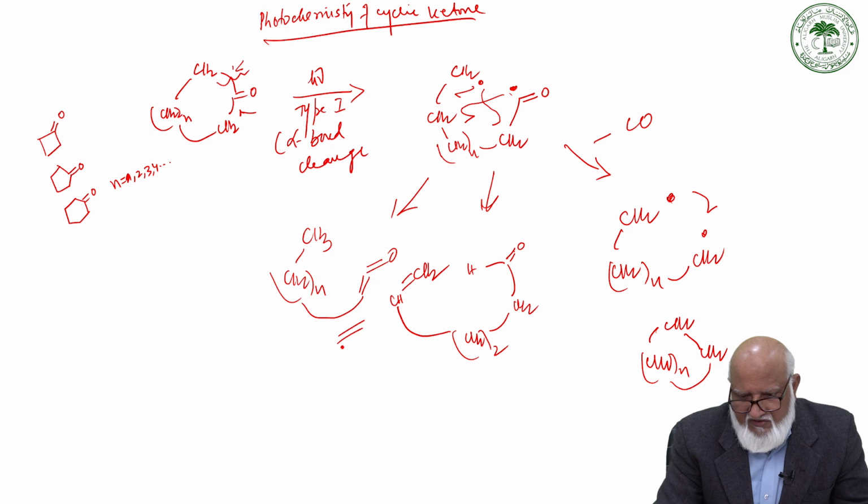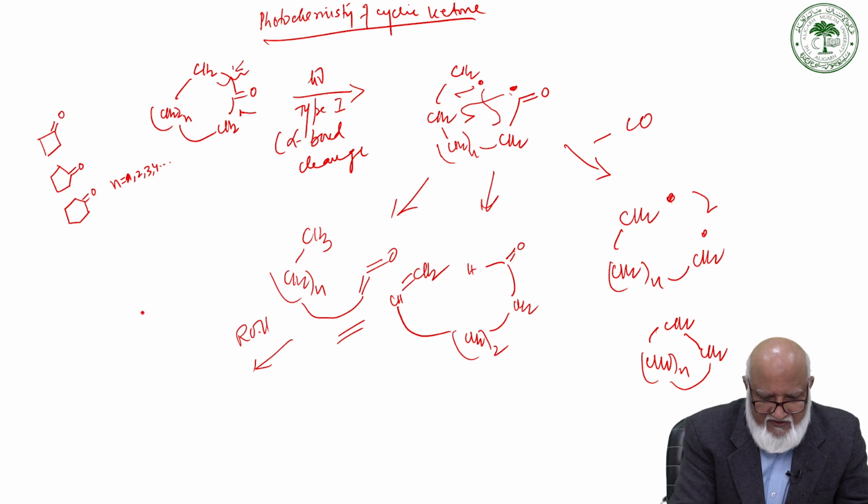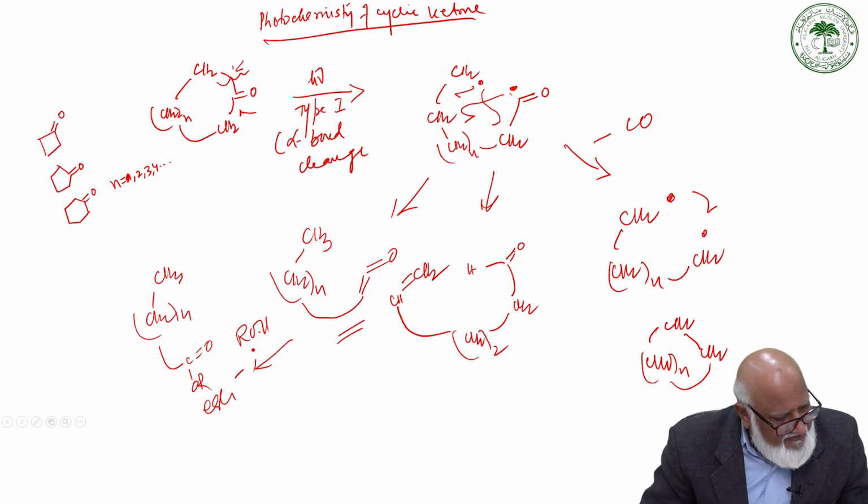This is a ketene derivative, and the ketene, in the presence of a solvent, say an alcoholic solvent, gives an ester, CH3, (CH2)n, C double bond O, OR. So we get an ester. This is another product which is formed.